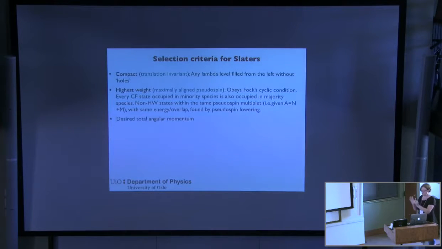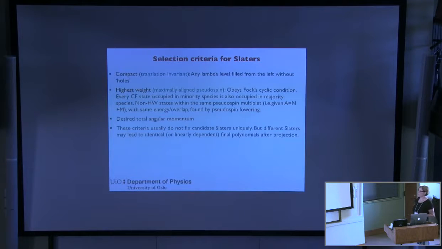And then you want to fix the total angular momentum of your states. You want to look at one certain angular momentum in your Yrast spectrum. And that gives you restrictions, so you can't just write down any Slater determinant.